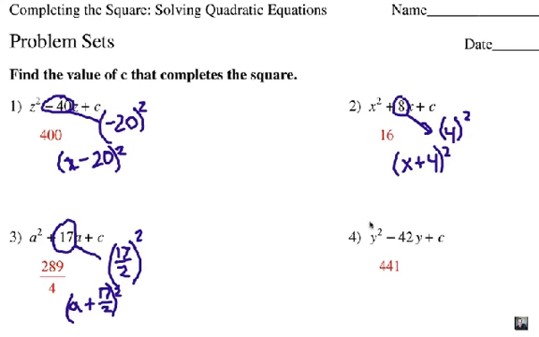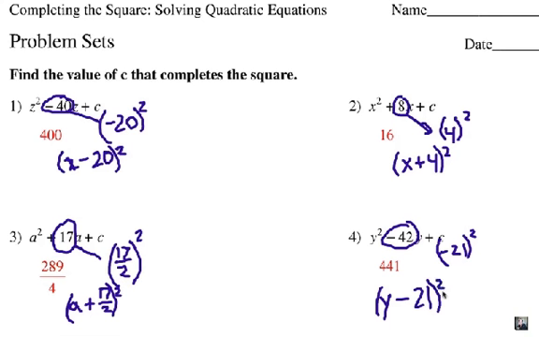All right. Number 4, what's half of negative 42? Negative 21. Then when you square it, that gives you positive 441. Now, if that was in place of c right there, we'd have a perfect square trinomial, and so we would be able to write it as a squared binomial, which would be y minus 21 squared.